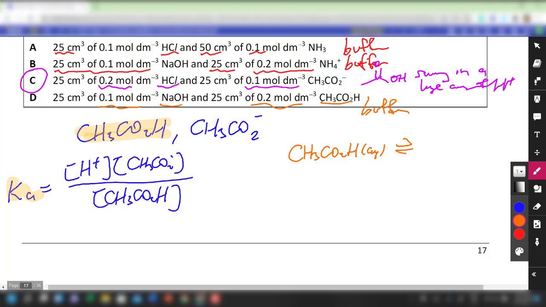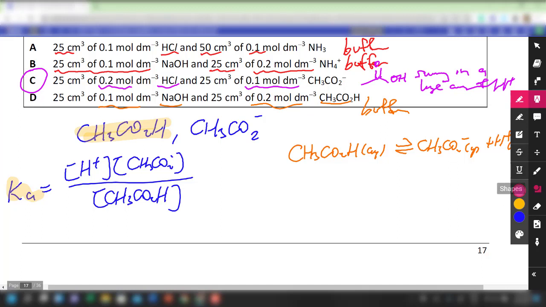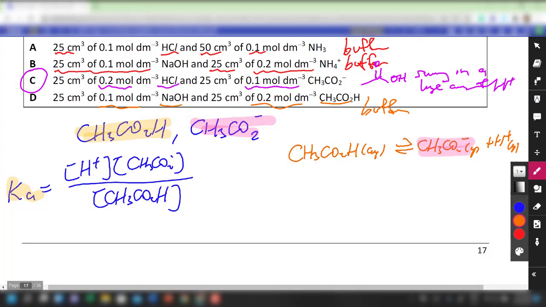This equilibrates to give me ethanoate and H+. The addition of ethanoate, in this case sodium ethanoate, will actually suppress the ionization of ethanoic acid.